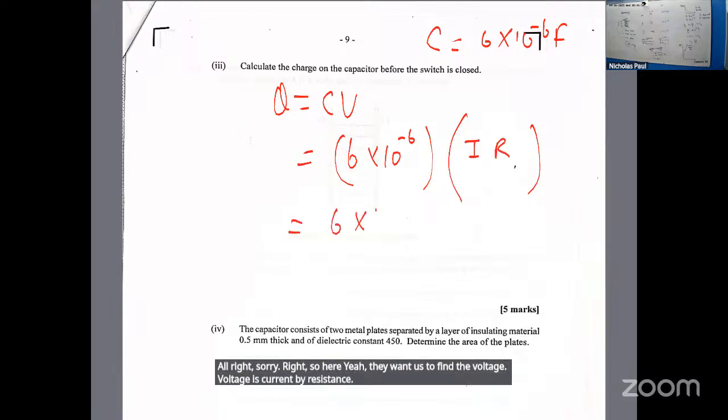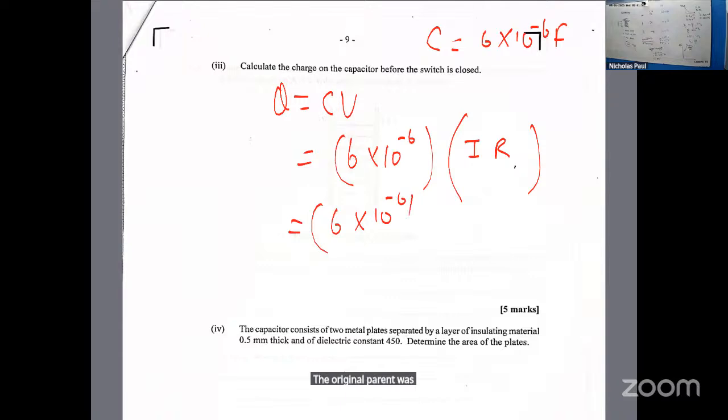The original current was 17. And the resistance was 1 mega, right?